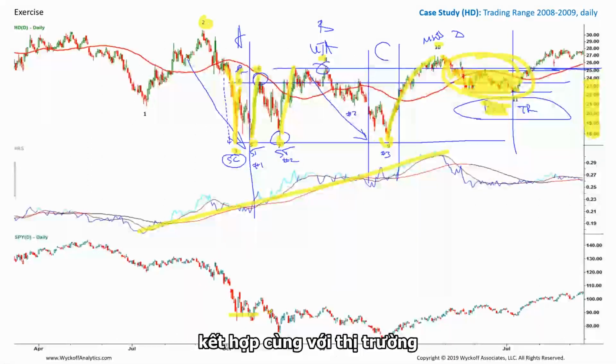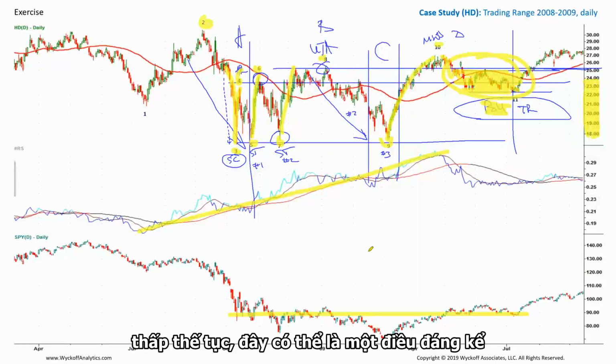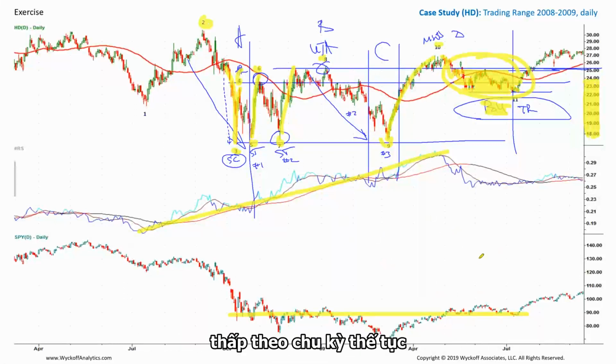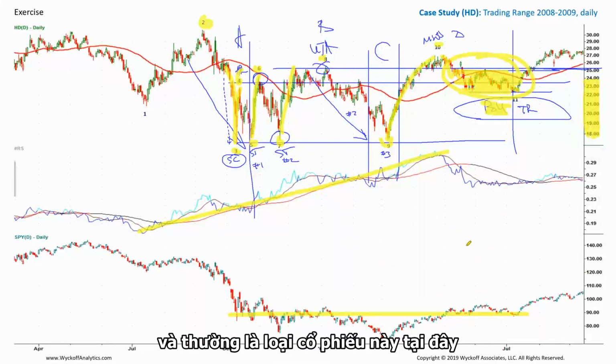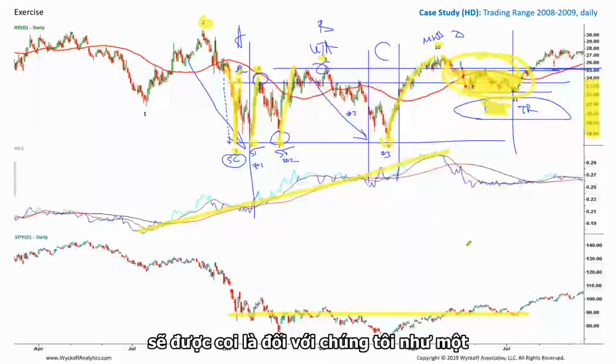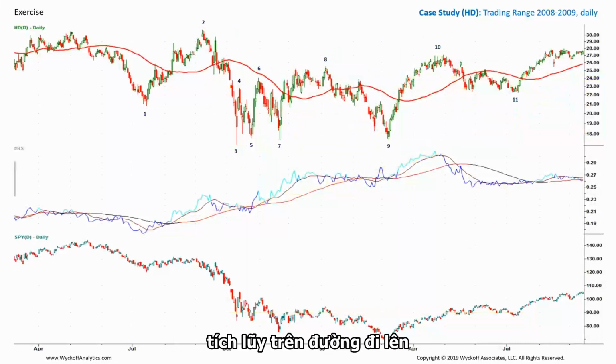Combined with the market reversal, this could be a significant secular low, a significant cyclical low, and we want to participate in this stock. Usually this type of stock at this point in time is considered for us as a long-term position, a campaign position, where we want to get in and just accumulate on the way up more and more and more.